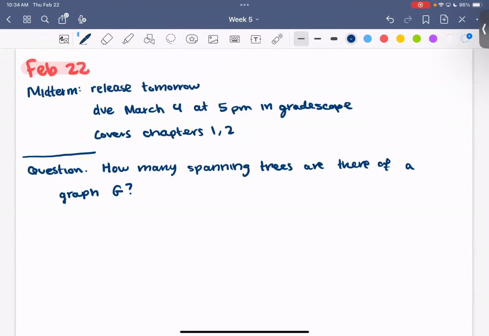And last time we proved this proposition, which we'll need today, so I'll remind you of it. We gave a recursive way to compute the number of trees of a graph.